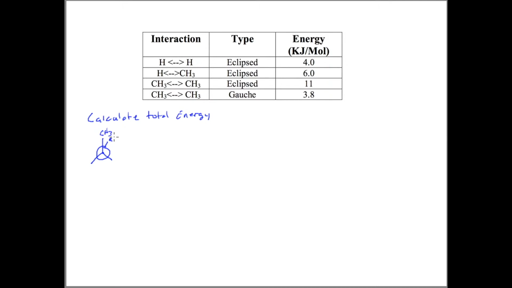And so if I draw a Newman projection, here I'm going to draw the eclipsed version where I have two CH3s that are right against each other. And I have my two hydrogens there. Everything's eclipsed, everything's overlapping in this case. We rotate it again, 60 degrees.